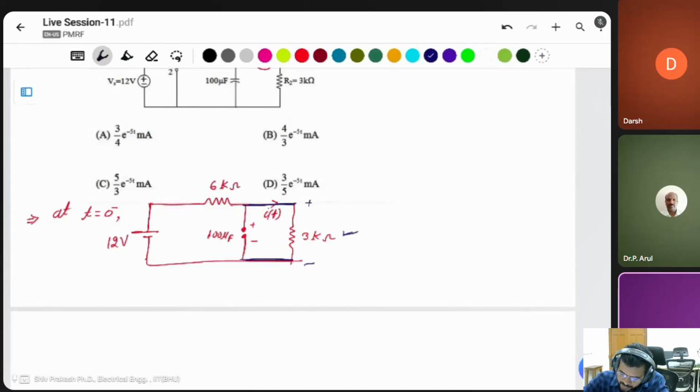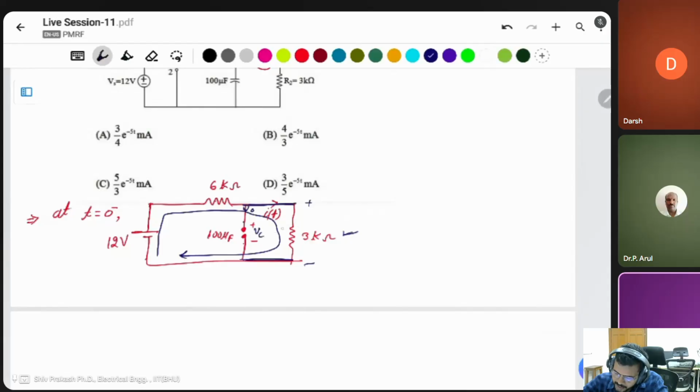Because this is an open circuit, no current is flowing through it, which means both resistors are connected in series, and simply you can apply the voltage divider rule.